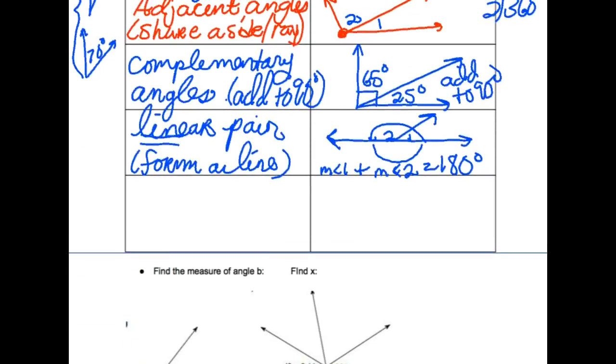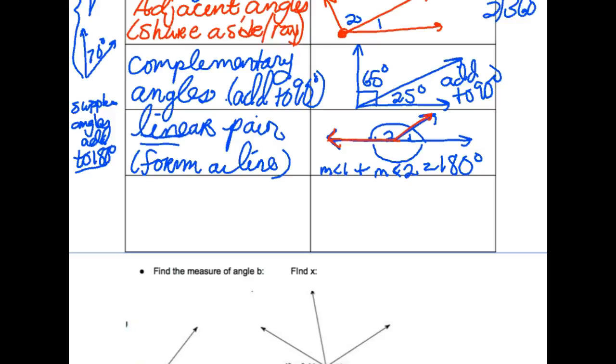Supplementary, let's put that off to the side. Supplementary angles, where can I fit that? If you could write that on the side of your notes. Supplementary, you write the whole word. Angles add to 180. So you might say, what's the difference between supplementary angles and a linear pair? The difference is the linear pair, they have to be adjacent to each other.